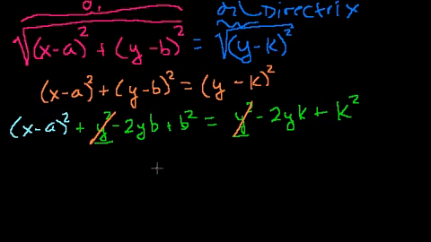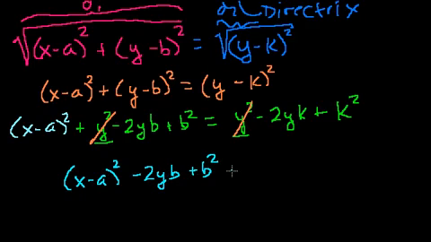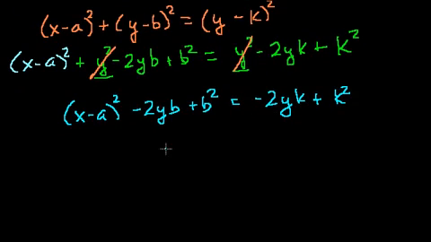So let's clean this up and make sure we can get it in a form that we normally associate with a parabola. So we now have x minus a squared minus 2yb plus b squared is equal to minus 2yk plus k squared. Now what can we do? Let's take all the y's and the constants on one side of the equation.